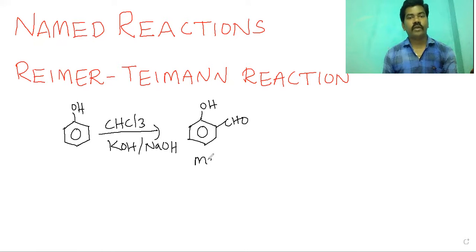This is the major product, due to hydrogen bonding. A minor product is also formed, that is para-hydroxybenzaldehyde. This is the minor product.